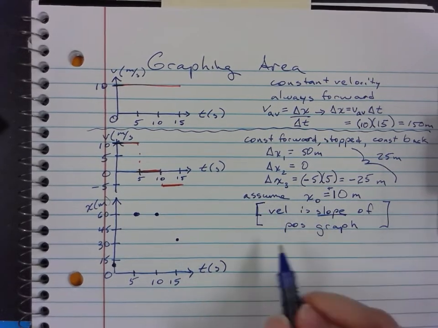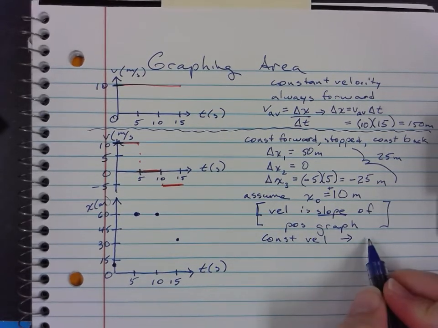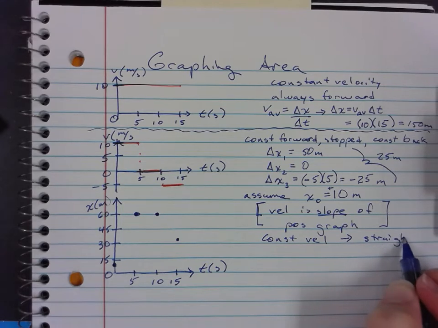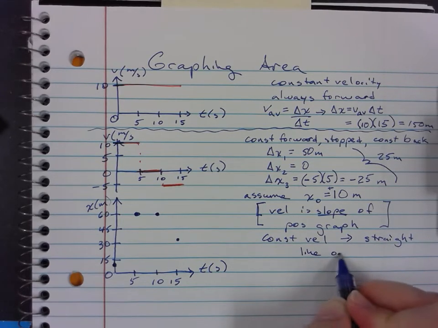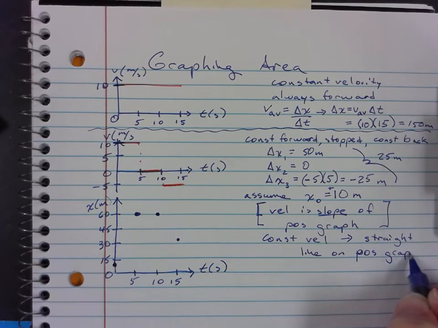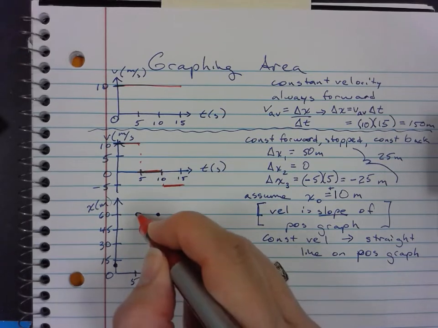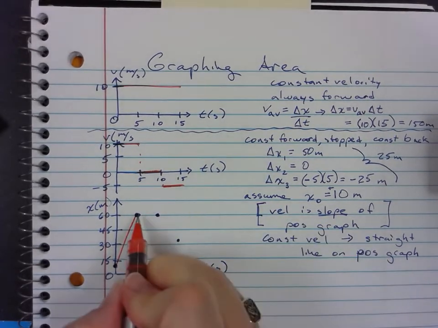So constant velocity means straight line on position graph. And that works in either order. So I want to make these nice and straight.